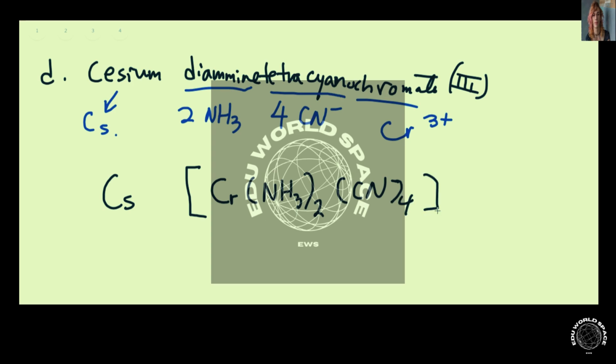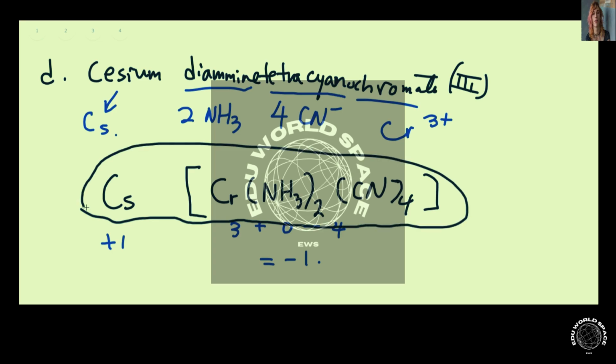So the oxidation state for this part will be 3+, NH3 is 0, cyanide is 4 times -1, so 3 plus 0 minus 4 equal to -1. And we know the oxidation state for cesium is +1. So the ratio between cesium and the complex is 1 to 1. So the formula will be this for part D.